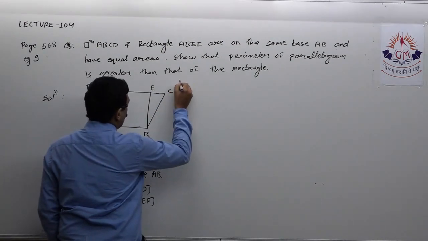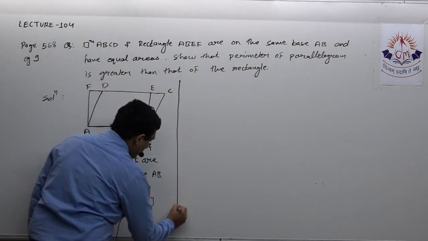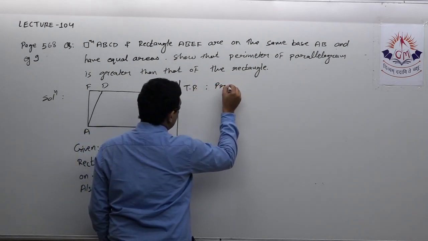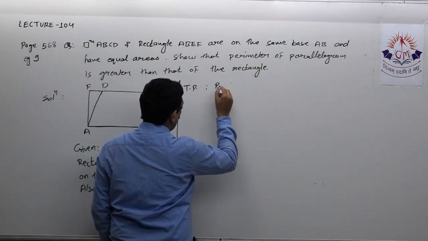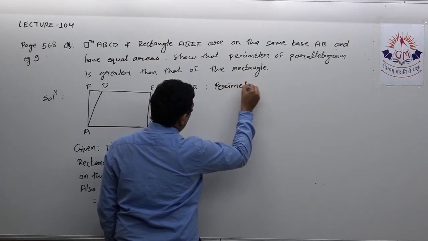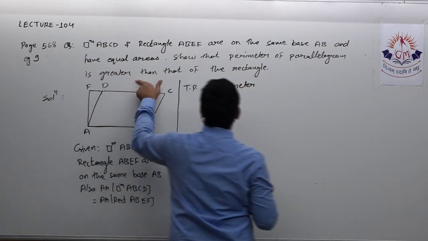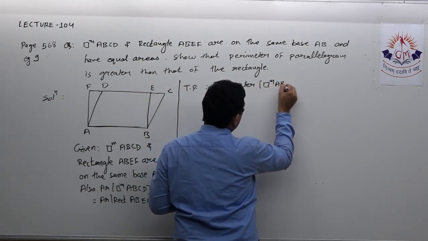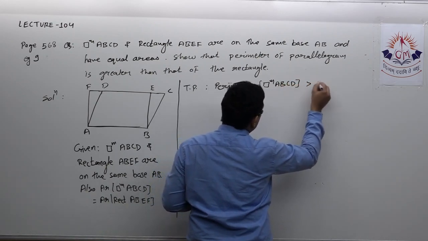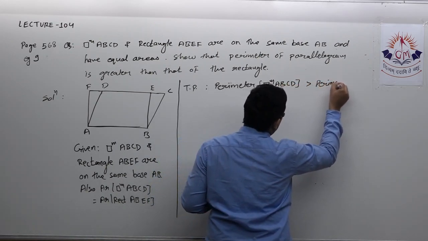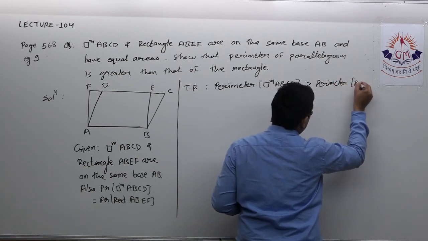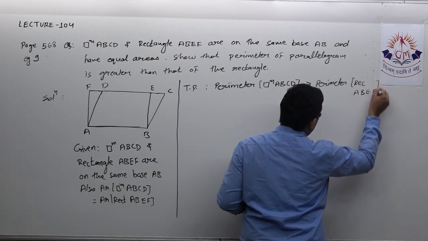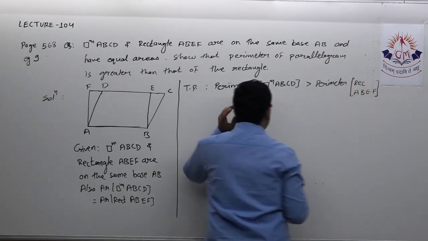That is given. What we have to prove is that the perimeter of parallelogram ABCD is greater than the perimeter of rectangle ABEF.